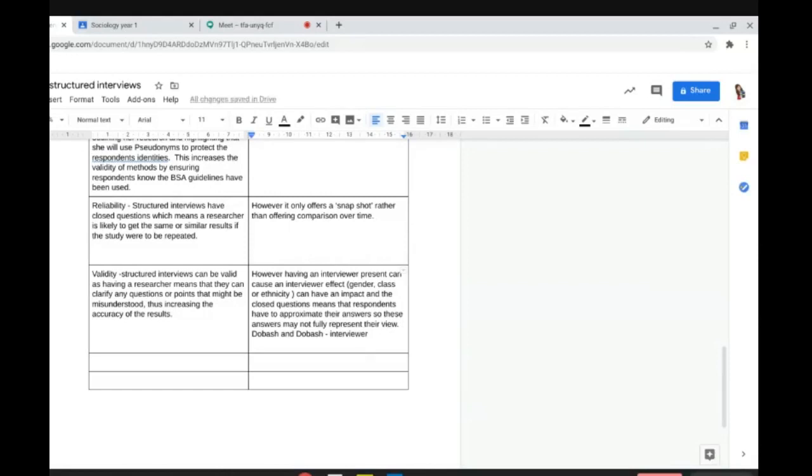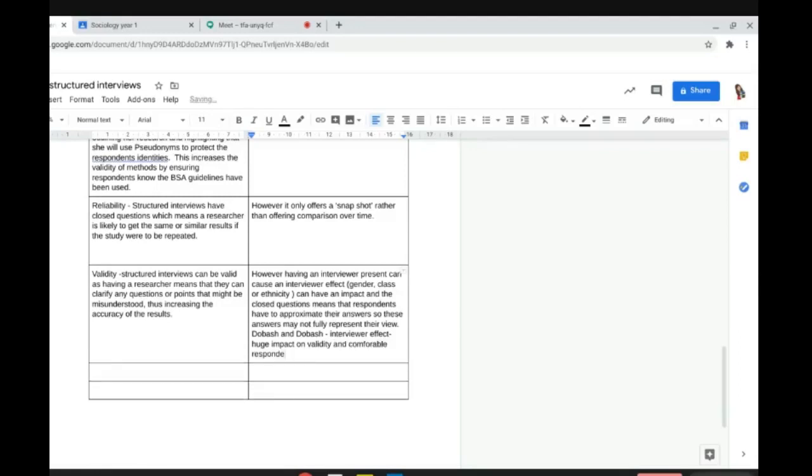Remember, they studied domestic violence victims. So if the victim is male and the perpetrator was female, he conducts the interviews. So this is demonstrated in Dobash and Dobash with the interviewer effect, highlighting that it can have a huge impact on validity and how comfortable respondents may feel.